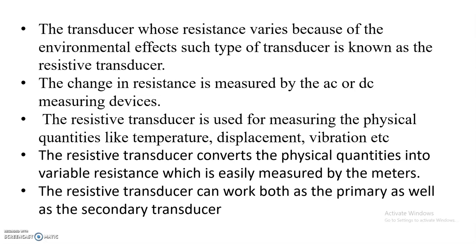The process of variation in resistance is widely used in industrial applications. The resistive transducers work as primary transducers as well as secondary transducers. Primary transducers change the physical quantity into a mechanical signal, and the secondary transducers directly transform it into an electrical signal.